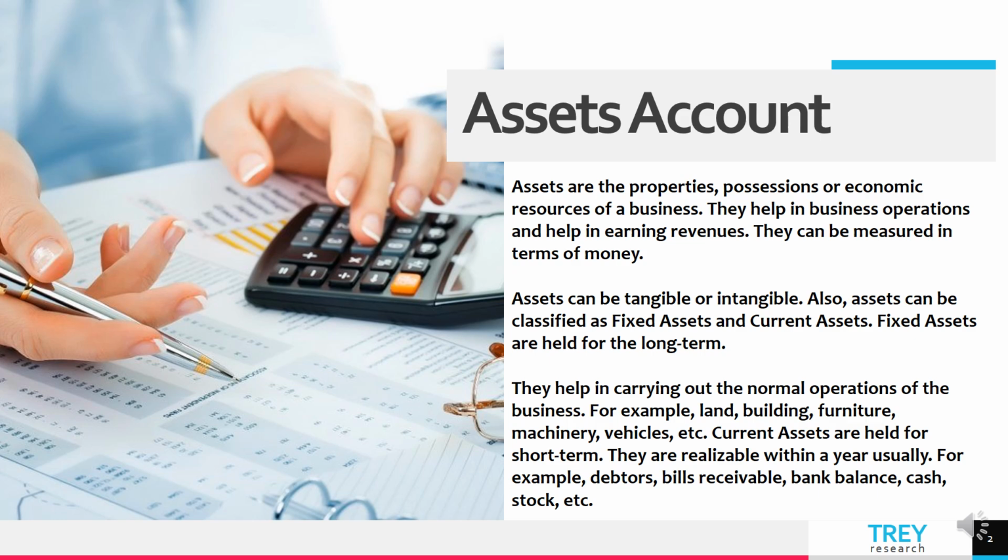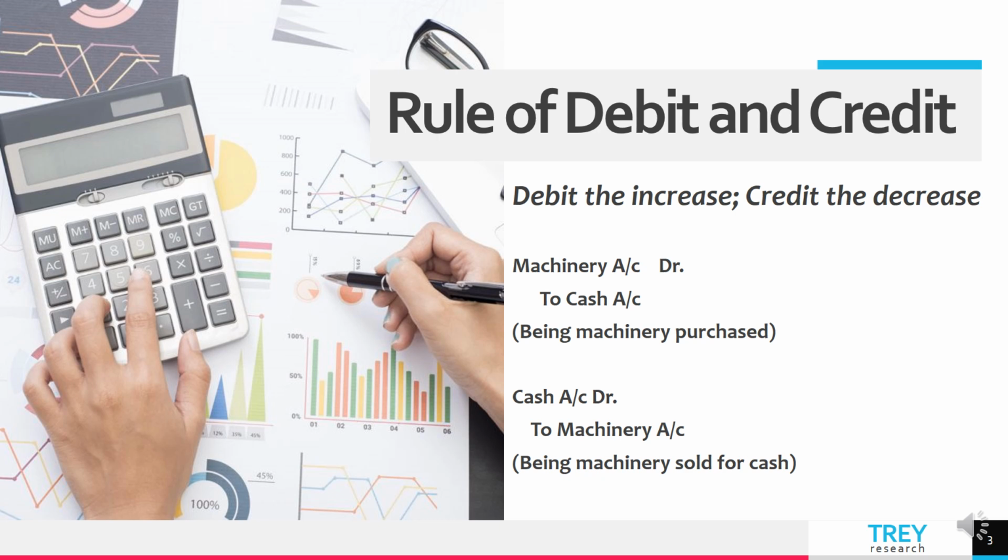Now we'll understand the rule which governs this particular account. We need to understand the rule very carefully. Debit the increase and credit the decrease. Now, what does that mean? Please do not confuse this with the rules that we have learned as part of the traditional classification of accounts.